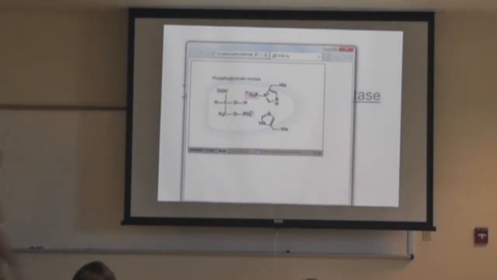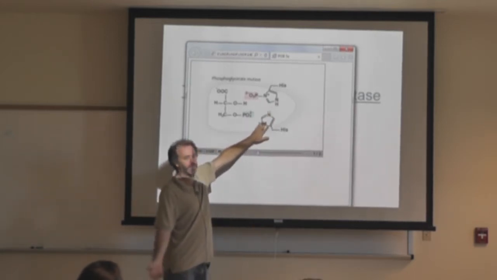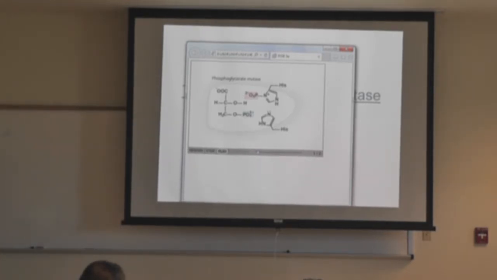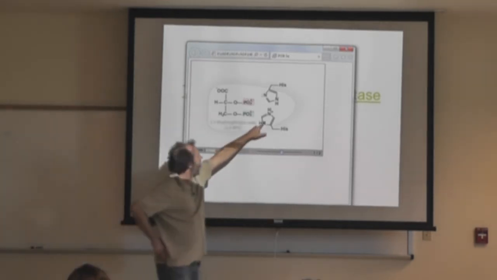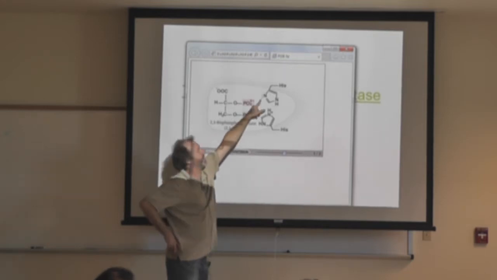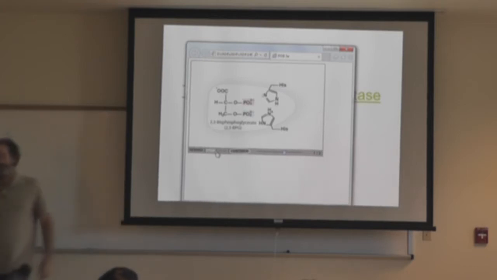So you have the active site histidine that has been phosphorylated, and you have another histidine in the active site that's not phosphorylated. And as it slowly plays, 3-phosphoglycerate there. So this nitrogen on the histidine draws that proton away from the alcohol, and then that alcohol is going to attack the phosphate that's already adducted to the histidine at the other site.